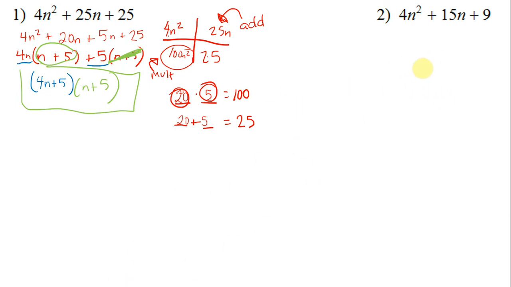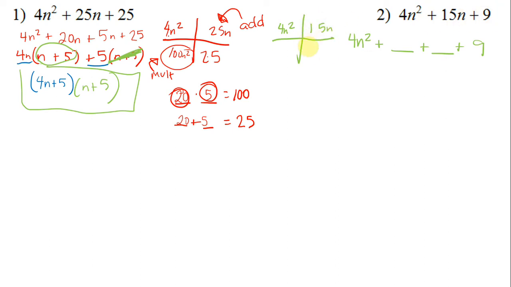Over here, I have 4n squared plus blank plus blank plus 9. To figure out how to fill in those blanks, I'm going to draw my box. Here I'm going to put 4n squared. Here I'm going to put 15n.